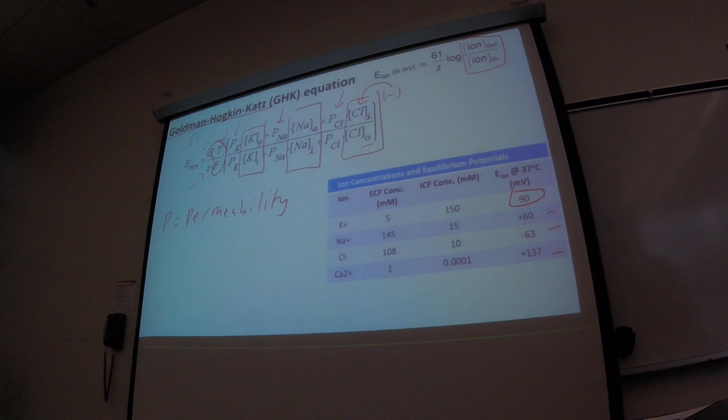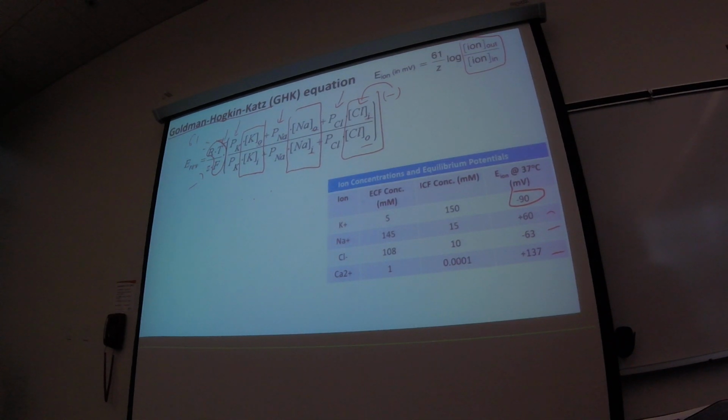For example, potassium is 40 times more permeable than sodium is. And so that makes it different, right? If potassium can leave the cell membrane much more easily than sodium, that's going to have a bigger effect on what the equilibrium potential is going to be.